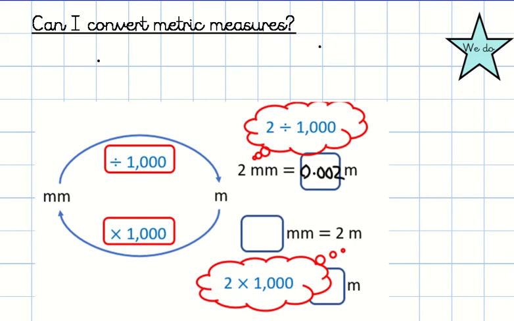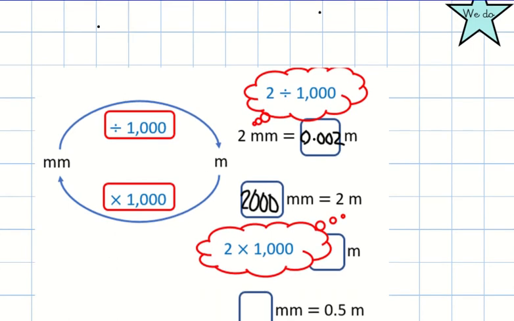And then here, how many millimetres do you think are going to equal 2 metres? Well, we know that to get from 1 millimetre to 1 metre, I need to times by 1,000. So 2 metres are going to be 2 times 1,000, which is going to equal 2,000 millimetres.